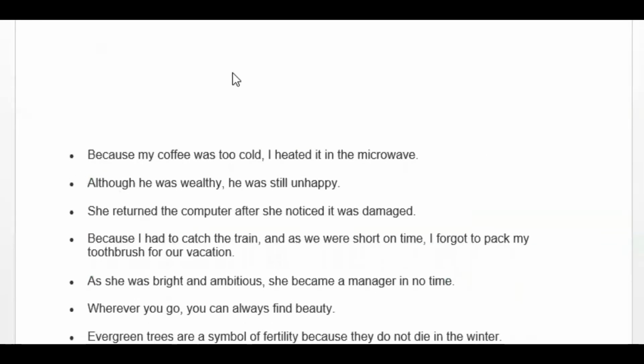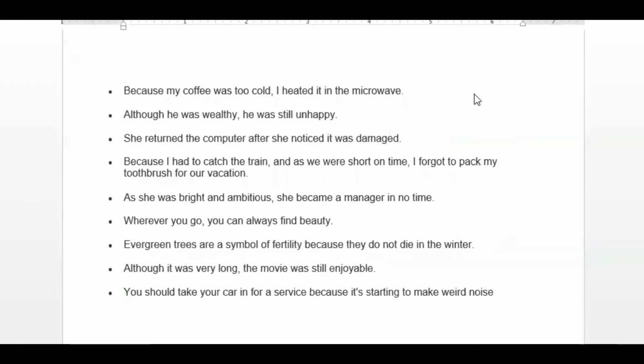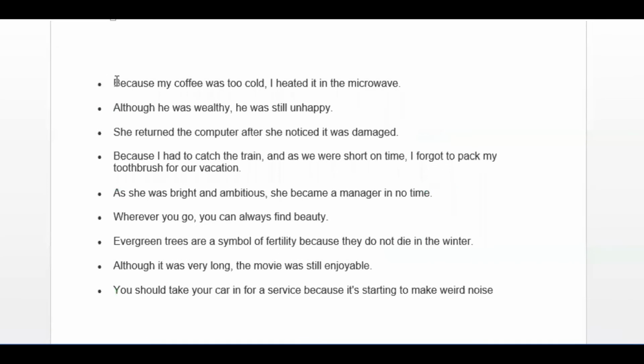Good. So now we'll move into our activity. We have a few sentences here, and what I'll ask you to do is to quickly copy the sentence and underline the independent clause, and circle the subordinating conjunction.